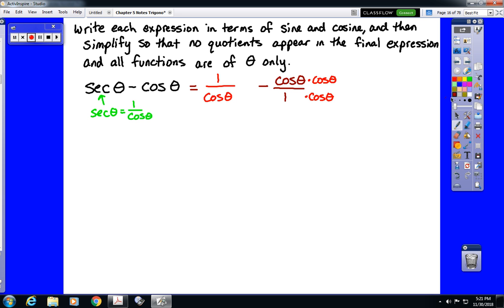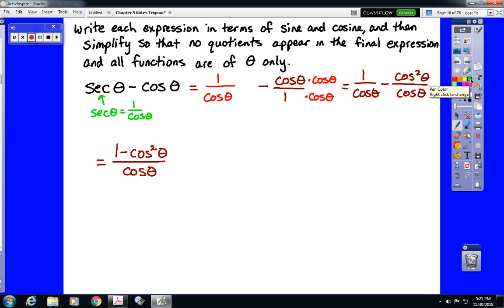That would give us 1 over cosine minus cosine squared over cosine. We combine those two fractions together using our rule for adding fractions, which is we really only combine the top. We turn that into 1 minus cosine squared, and that would be over cosine. I know what you're thinking, that's not really any better. It still has subtraction in it.